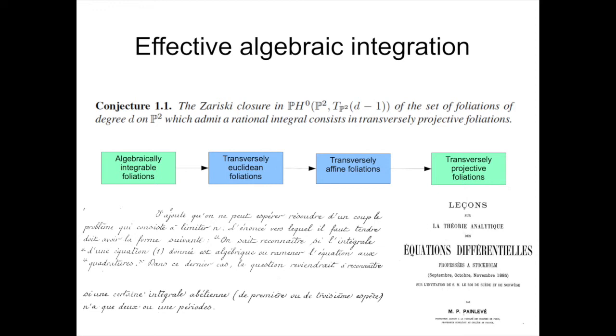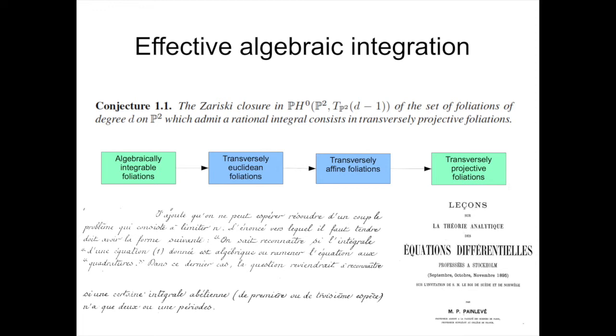So if this conjecture is settled, then the way of answering the Poincaré problem would be first to check whether we have a transversely projective foliation. Exactly. Then we have one of three cases, and in each of these three cases we have some methods to deal with it. I should not be so optimistic.